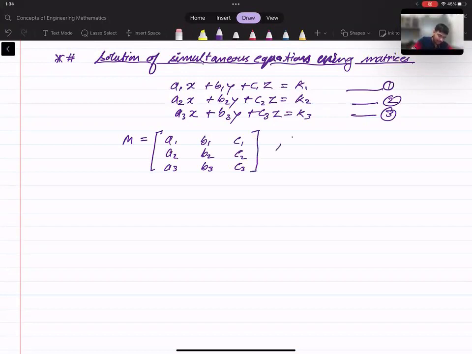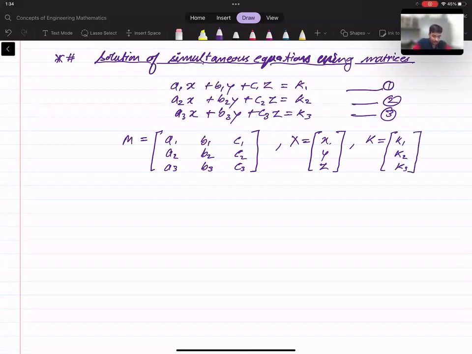Similarly, we can form a matrix x by the variables. So these are x, y, and z here. Also, we can form another matrix K with these constant terms on the right hand side. So this is k1, k2, and k3.